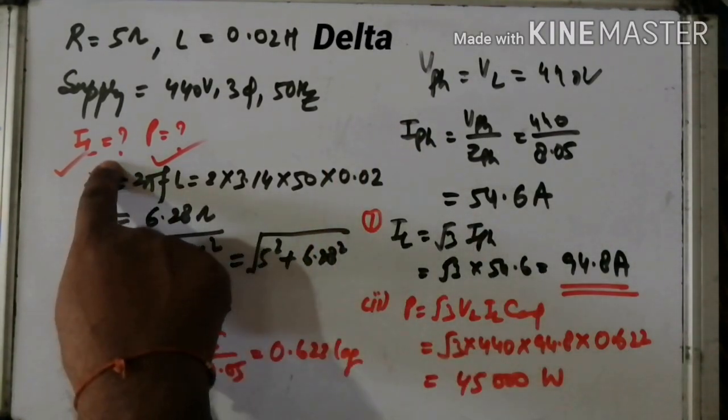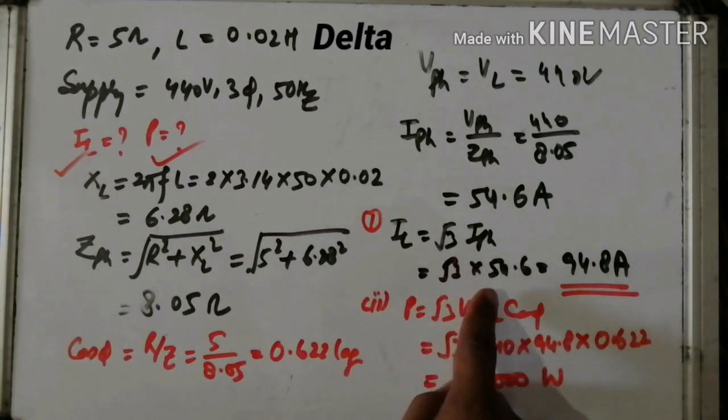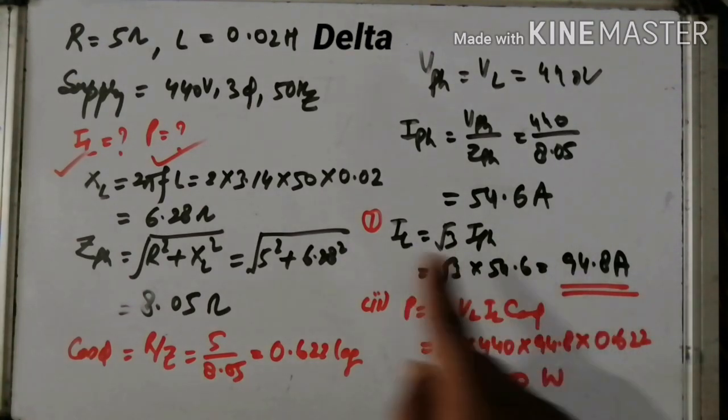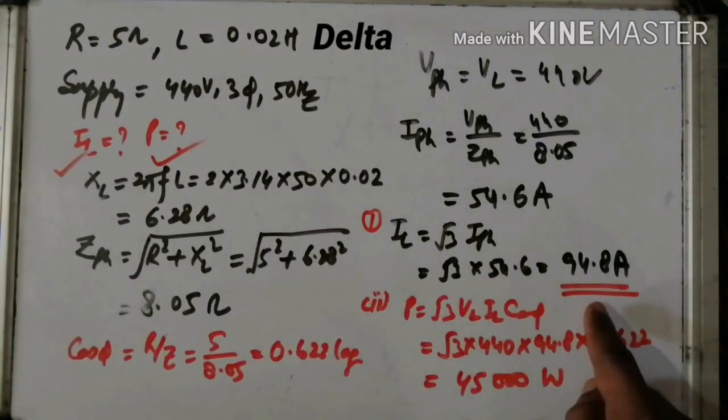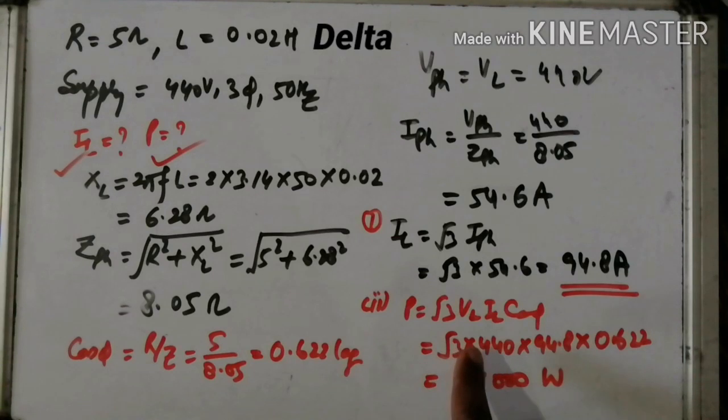This is our first part, and IL is equal to under root 3 times IPH, that is 54.6 into root 3, it is 94.8. Line current is 94.8 ampere. Second part is the power consumption. Power consumption is under root 3 VL IL cos phi, and it is 45,000 watt.